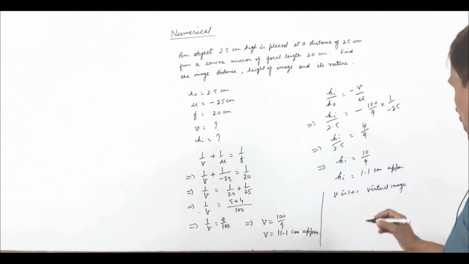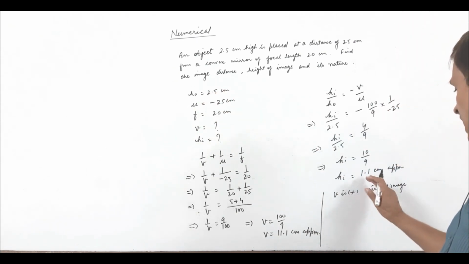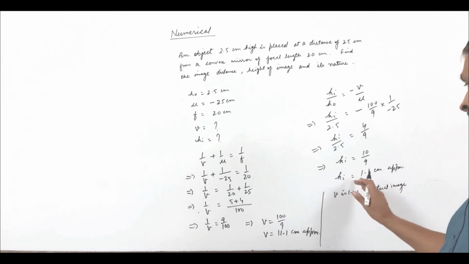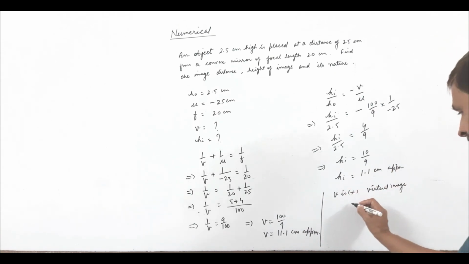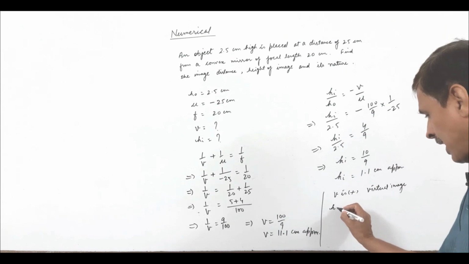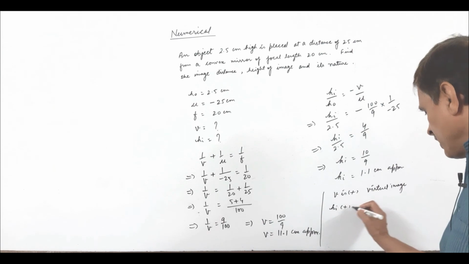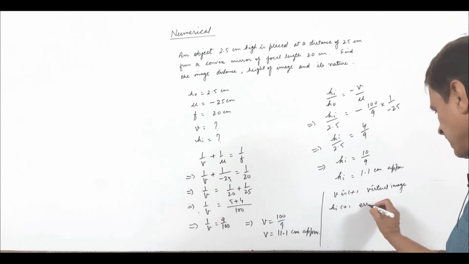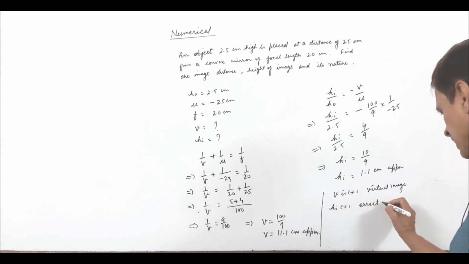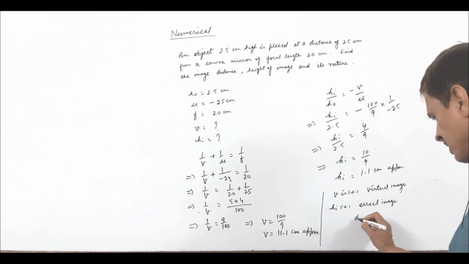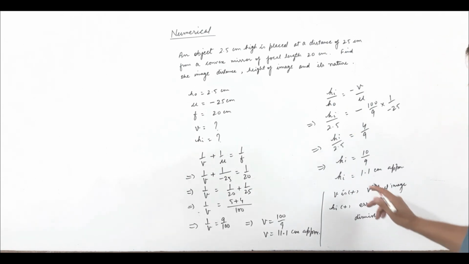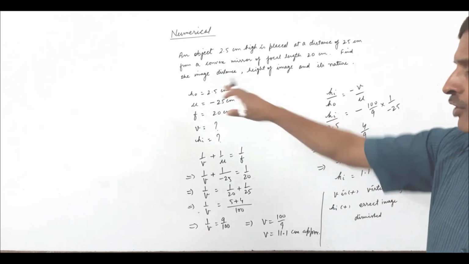So it is diminished image and also erect, because height of image is positive, so it is erect image. And also diminished, because the height of image is less than height of object.